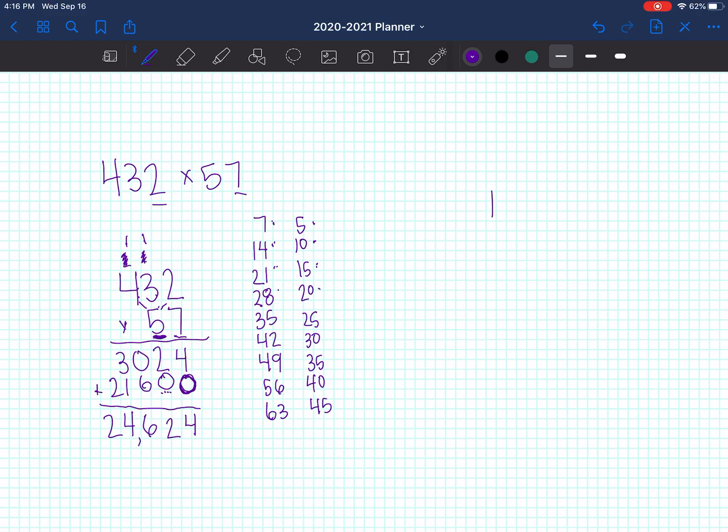So let's start with, let's do 6 as our divisor. And let's divide it into 4,612.